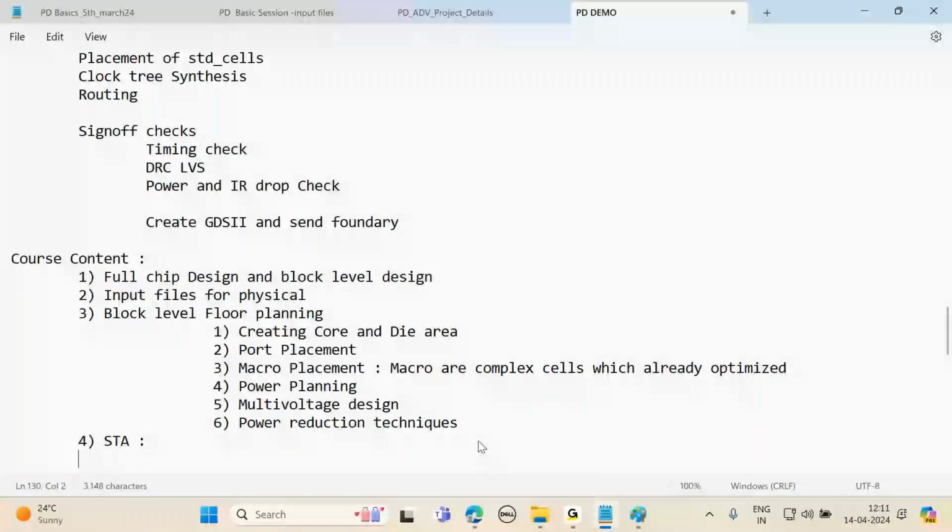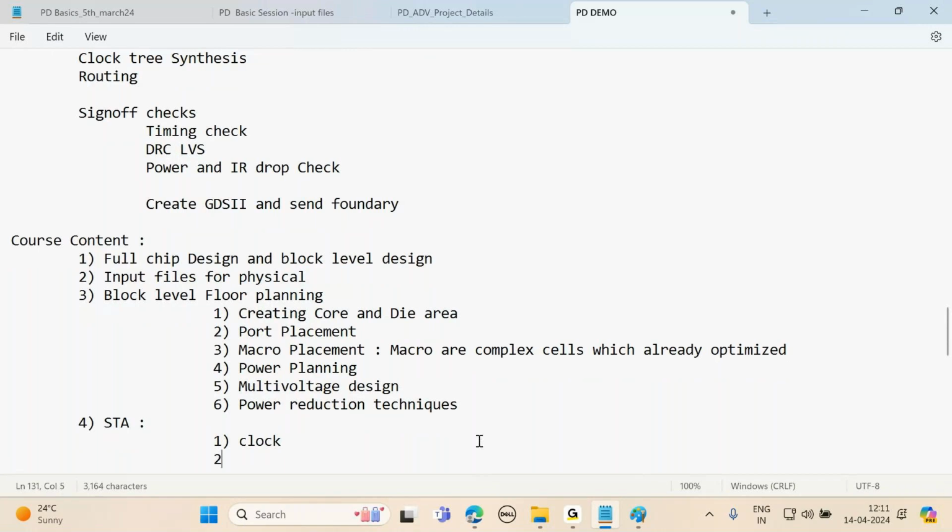In static timing analysis, we discuss again what is clock, clock period, skew, jitter, uncertainty.